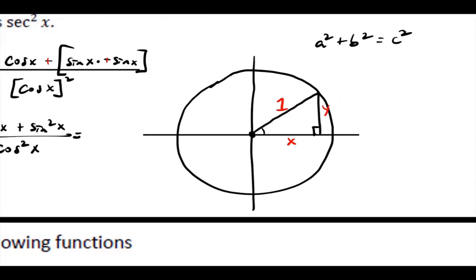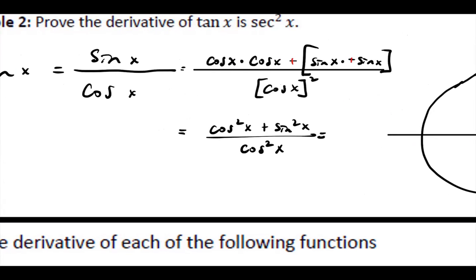Well, on the unit circle, we didn't use a's and b's, right? We use x and y. And then this guy over here was just the radius, right? So the radius was always 1. 1 squared is still 1. And then what did we say was x and y? We said that earlier on the unit circle. X was the same thing as cosine, right? X over 1 is cosine.